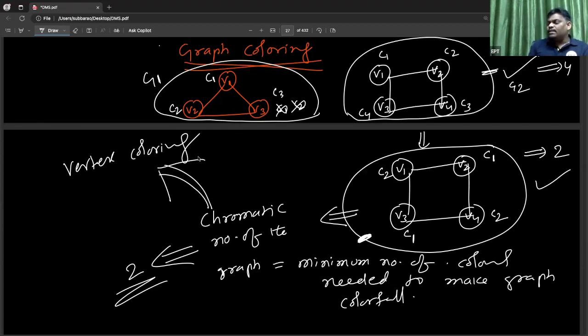To make the graph colorable, you used the minimum number of colors, and that is called the chromatic number. Chromatic number of the graph is nothing but the minimum number of colors needed to make the graph colorable. Remember, we are giving colors to vertices, vertex coloring. Anyone having any doubt?